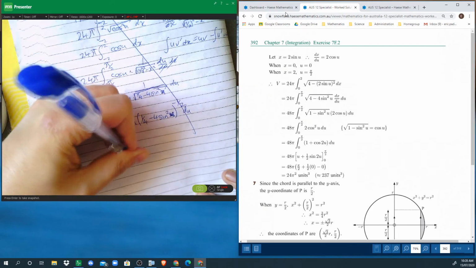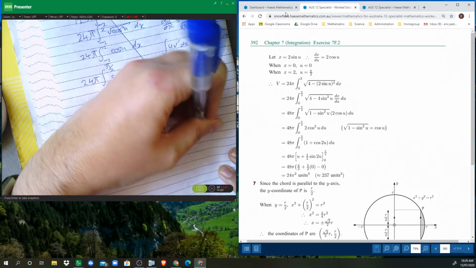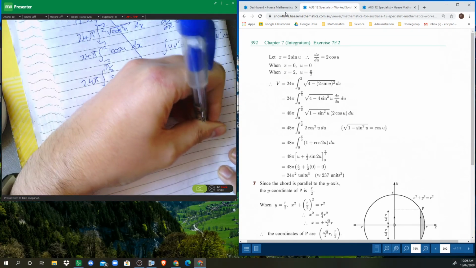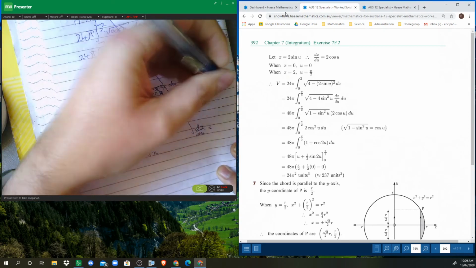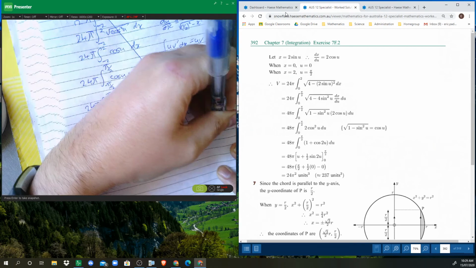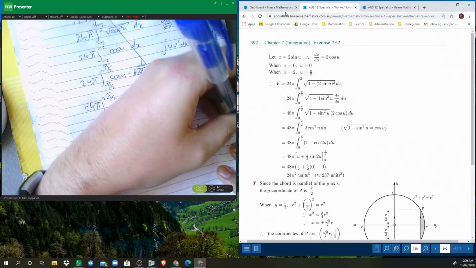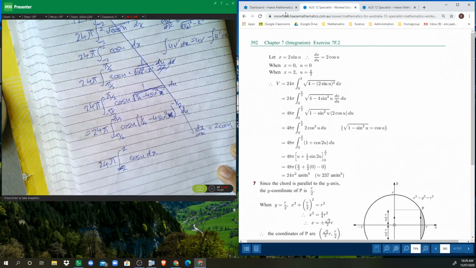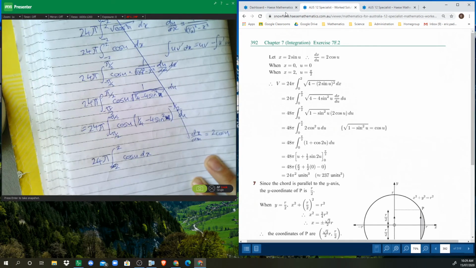I'll go from cosine u dx, and I'll write dx over du equals 2 cosine u. Blah, blah, blah.